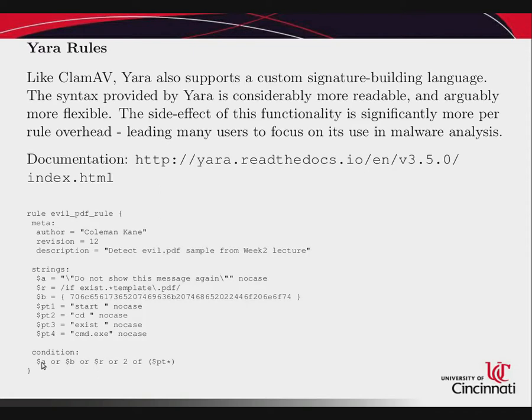So basically, in order for this rule to match a file, either it has to have this text in it, or it has to have this sequence of bytes in it, or it has to match this regular expression pattern, or it has to have 2 of these strings in it, or generally 2 or more of those strings. So if it just has 1 of these things, it may not match. But if it has 2 of them, then it will match.